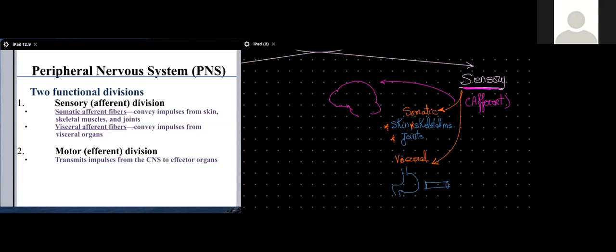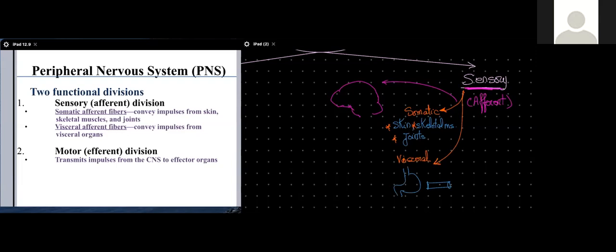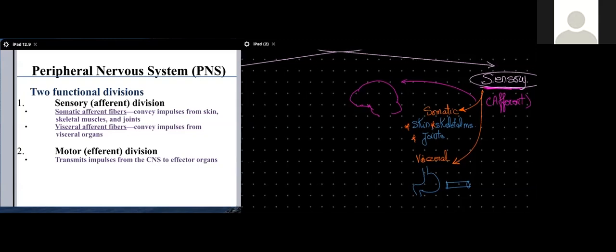All the nerves that are collecting information from the visceral organs are going to be part of the visceral sensory nervous system. Any problems so far? All right.